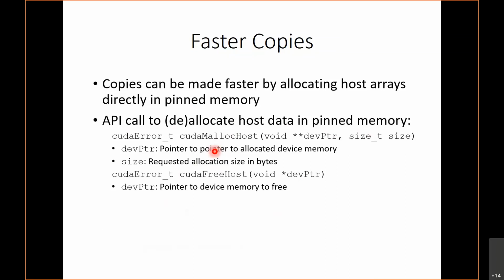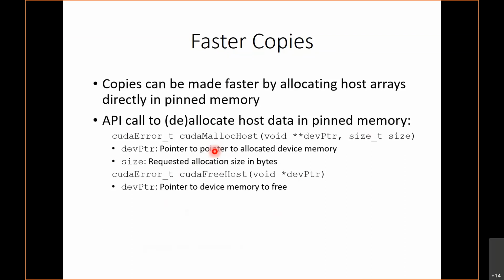Right, exactly. When I pin a page, I'm telling the OS that it cannot swap this page out. So if I allocate everything in pinned memory, I'm telling the OS that I want all my memory pages not to be swapped out. That means the OS has less flexibility in swapping things back and forth, which degrades system performance, because it has fewer choices when it wants to evict pages.